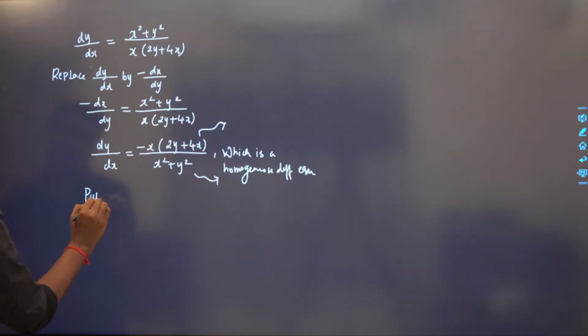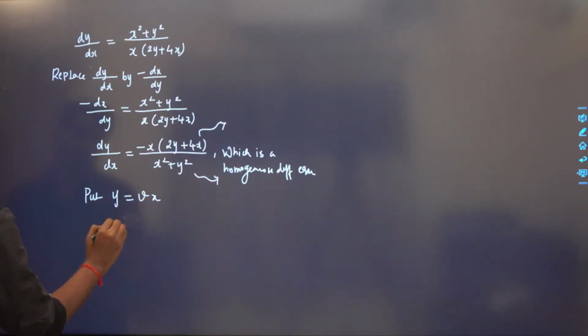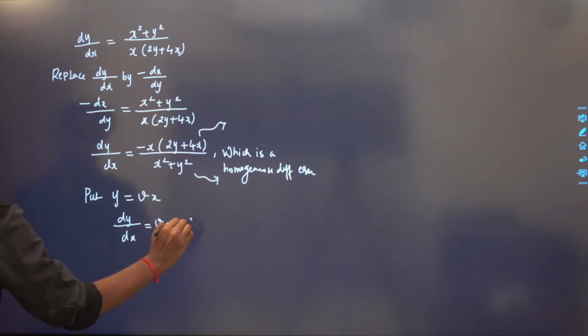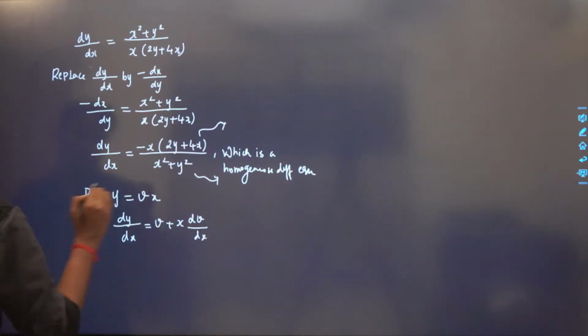So put y is equal to vx. So we have dy by dx is equal to v plus x into dv by dx. Replace here and you'll get the solution.